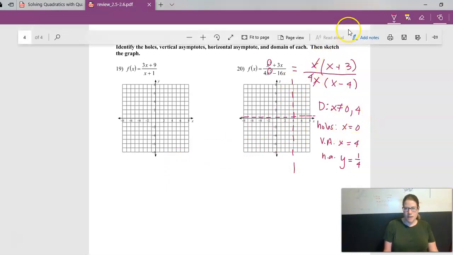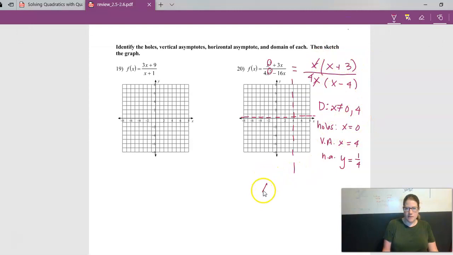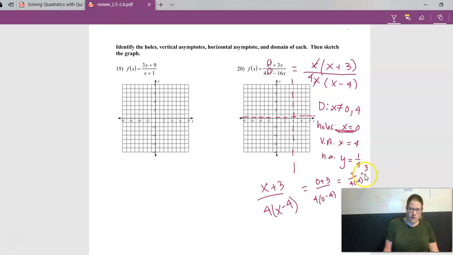After x gets canceled out, this is just left as x plus 3 over 4 times x minus 4. So after that cancels out, if I want to find the y value of where that hole is, I'm going to plug in the 0. So that would be 0 plus 3 over 4 times 0 minus 4, which is 3 over 4 times -4, or 3 over -16.